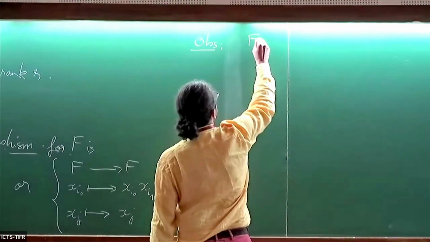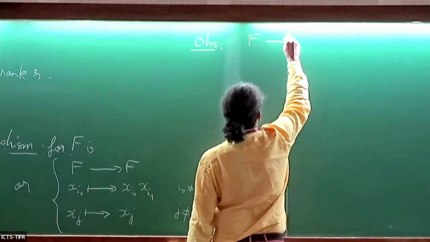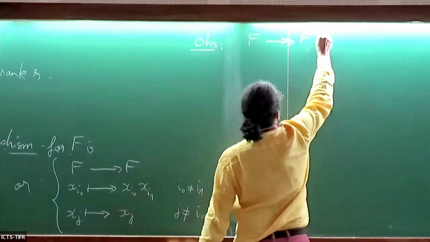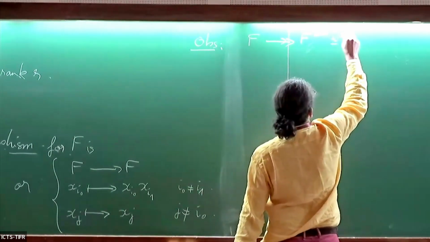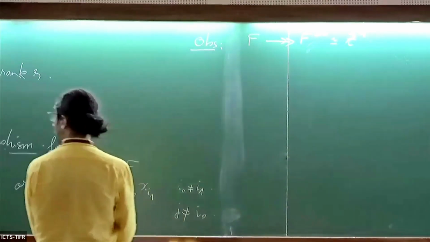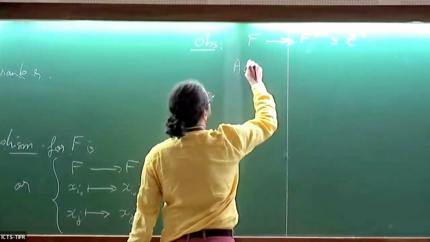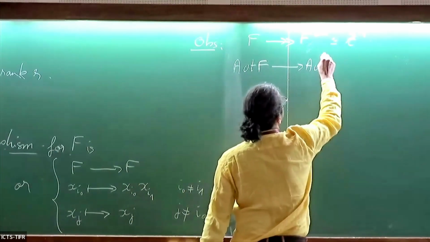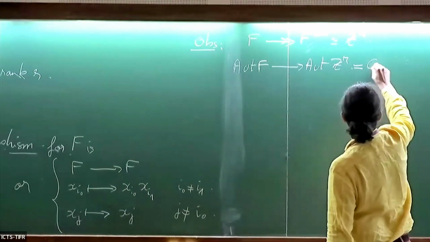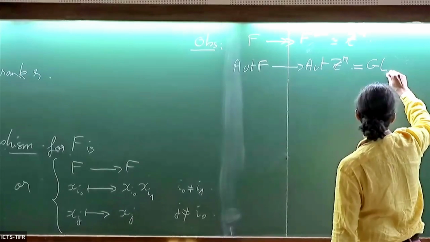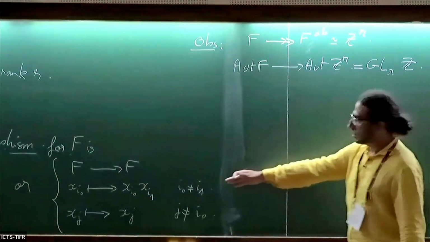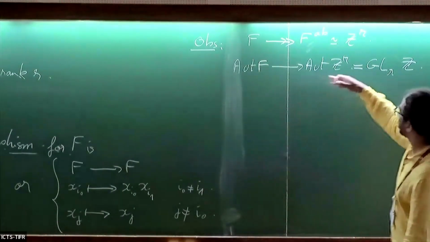So if I take the Abelianization of the free group, this induces a map on the automorphism groups. This latter automorphism group is just isomorphic to GL_R(Z), and having spotted these automorphisms says that the map is surjective.